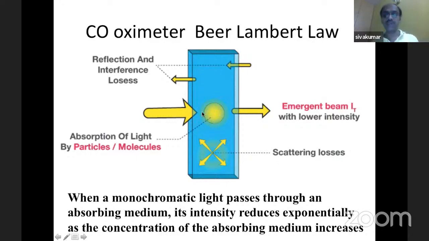Suppose this is the absorbing medium and this yellow color is the monochromatic light coming in. If there is hemoglobin here, oxyhemoglobin or deoxyhemoglobin, it is going to differentially absorb this light, and what goes out will be a light with a lower intensity. So if you know the intensity at entry and the intensity at exit, you can tell the concentration of the substance here.